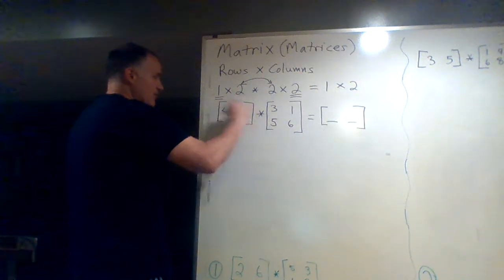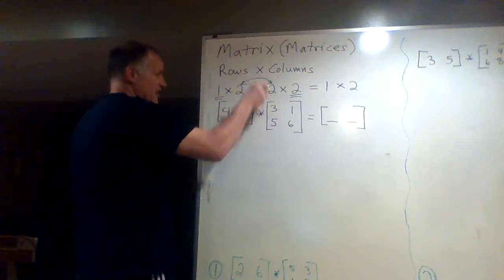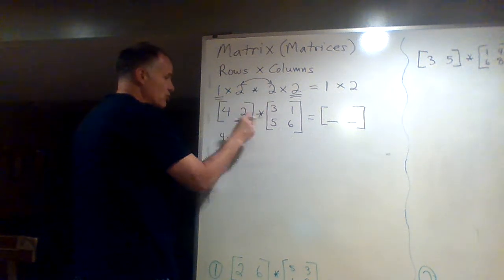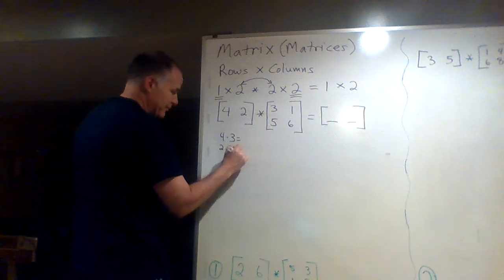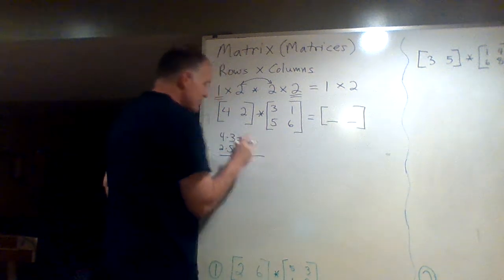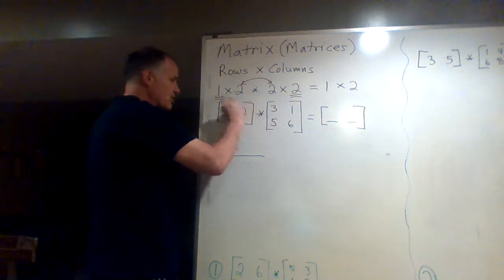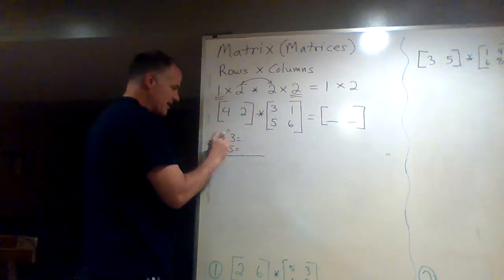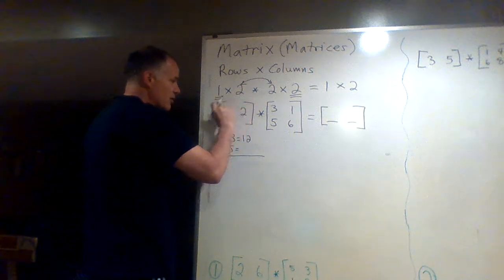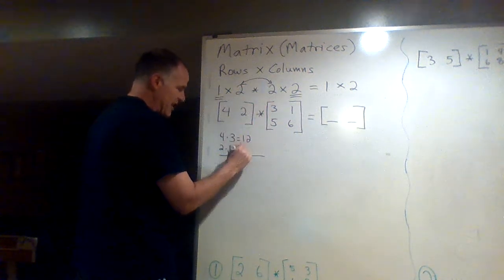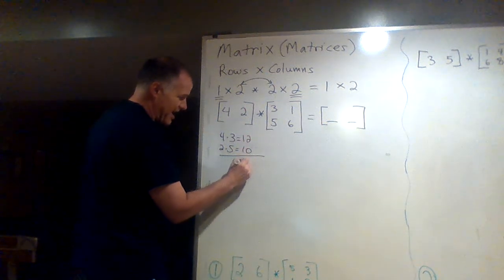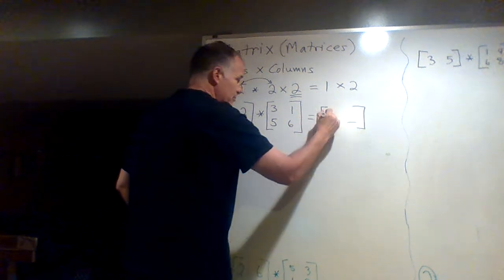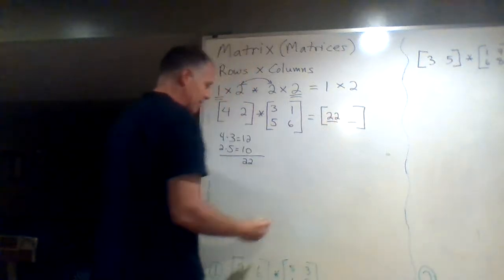The second number in this row goes with the second number in that column, so 2 times 5 is 10. Then you add those together, 12 plus 10, 22. And boom, that is your answer right there.